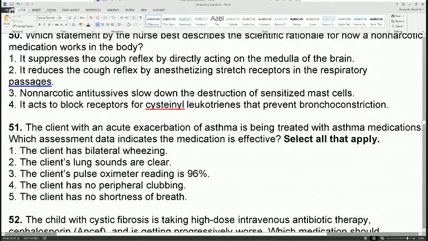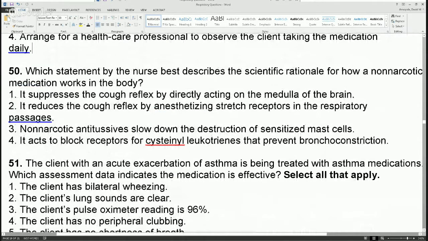Aaron, halfway through it, which statement by the nurse best describes the scientific rationale for how a non-narcotic medication works on the body? Four?